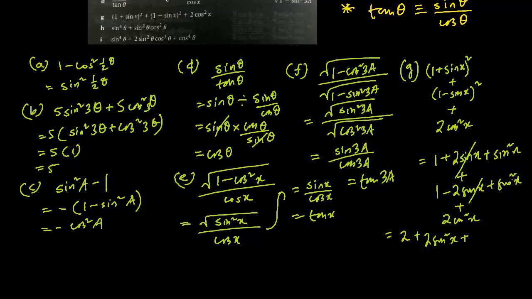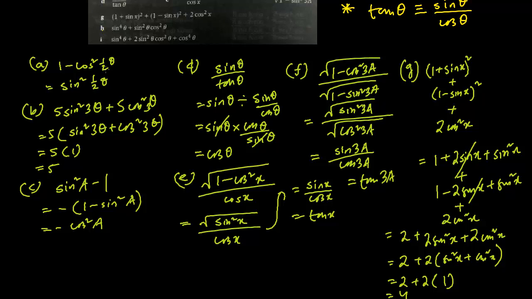The angle would be the same. 2 sine squared x, and we have 2 cos squared x. So this would be 2 plus, if we take 2 common here, it becomes sine squared x plus cos squared x. So 2 plus 2. Now we know from the identity sine squared of some angle plus cos squared of the same angle is always 1. So this would be 4. 2 plus 2 is 4.